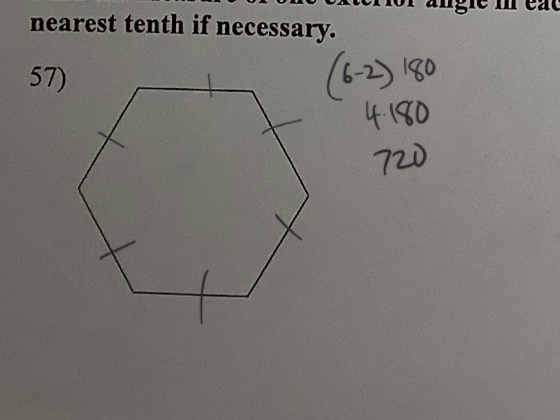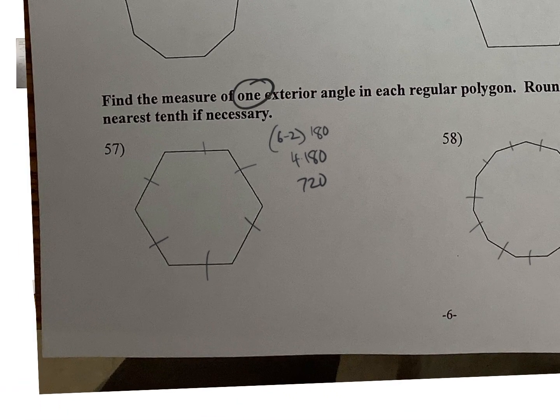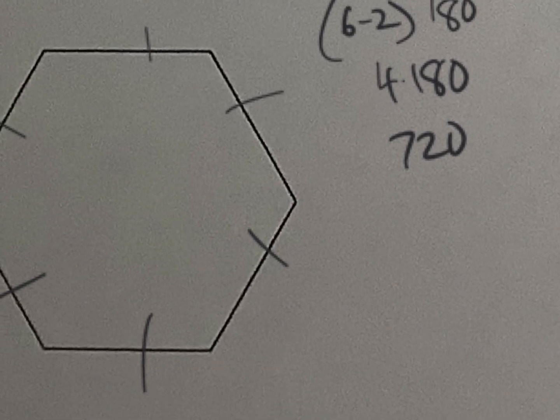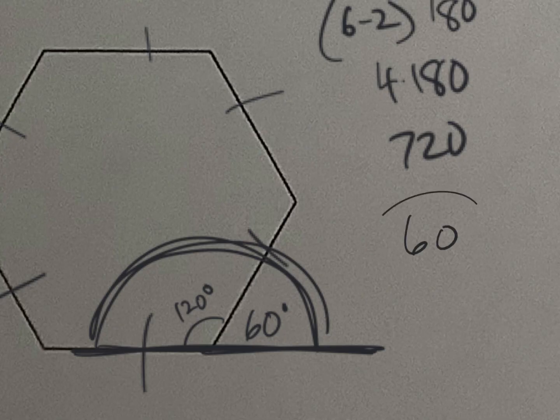That's what they all add up to. What are we doing in this? We are finding one exterior angle. So we take the 720 and divide it by 6, and we get 120 degrees for the interior angle. We want the exterior angle. So this is 180. It's a straight line. So that means the exterior angle must be 60. So 60 degrees would be the answer.